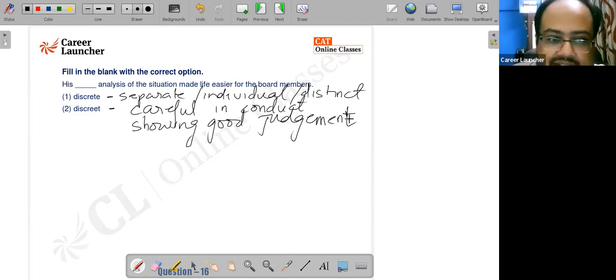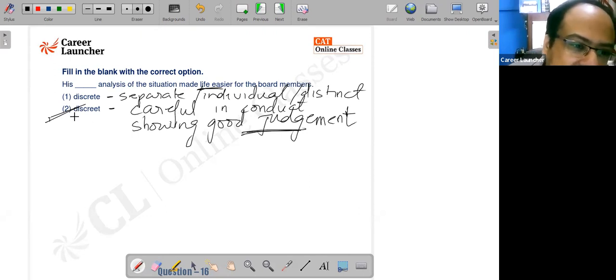So here the sentence is dash analysis of the situation made life easier for the board members. So here the answer would be the second option, discrete analysis. It showed good judgment. And that is why it made life easier.